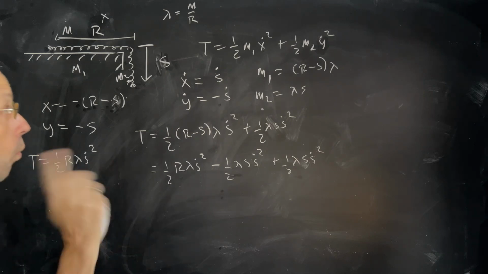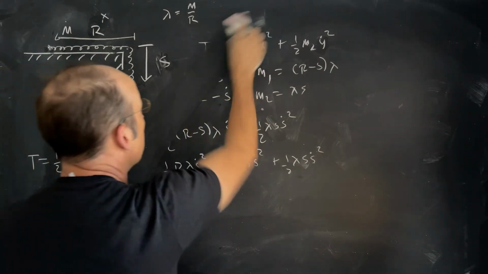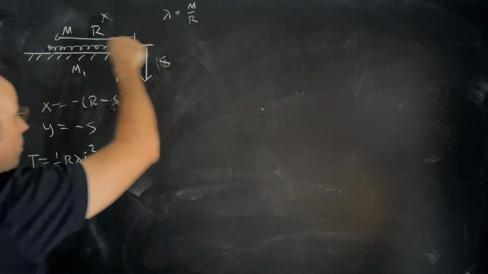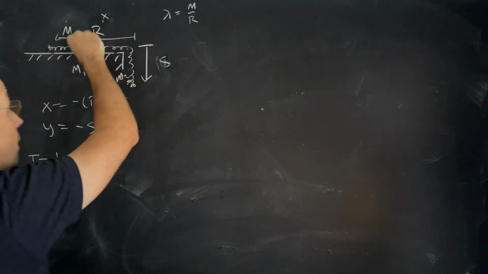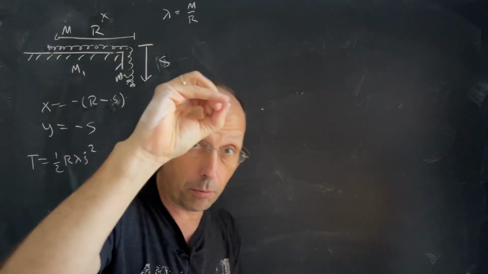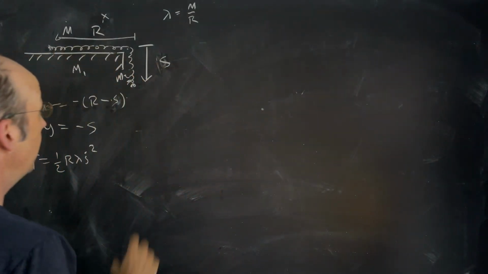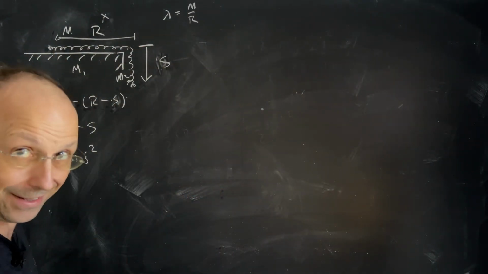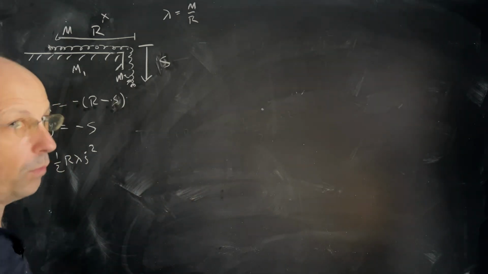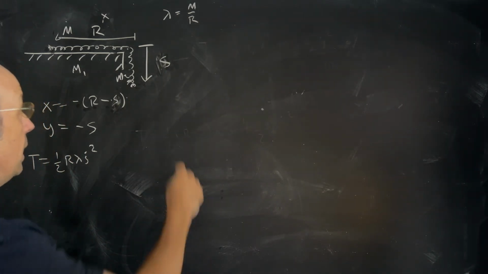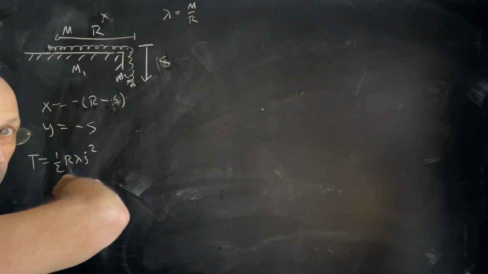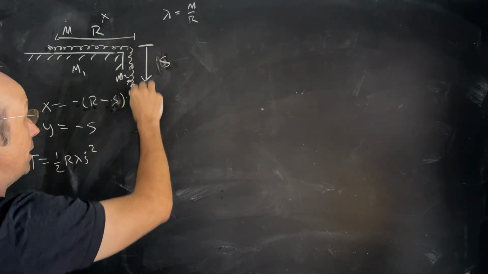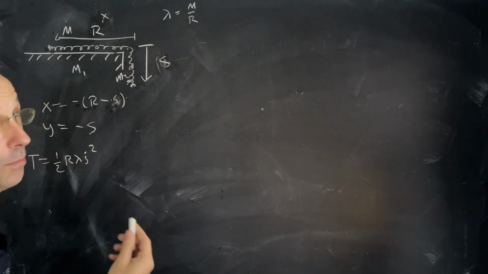Okay, now what about the potential energy? Let's write down the potential energy. If I call this my y equals 0, then that chain on the table has 0 potential energy. That makes sense. Now what about this part right here? Well, it's not mgy in this case. It's mgs over 2, right? Because I need to find the center of mass of this. So as this thing moves down, the center of mass moves, but it's a little bit different.